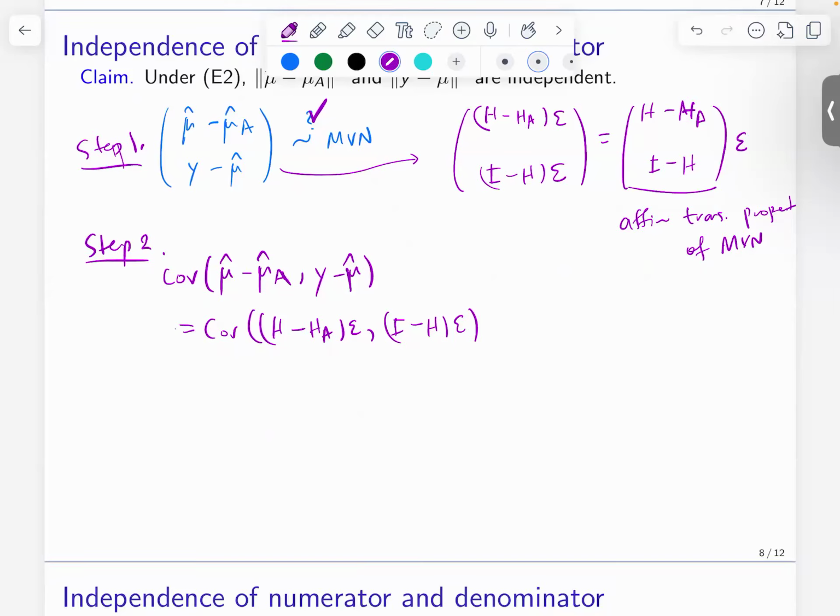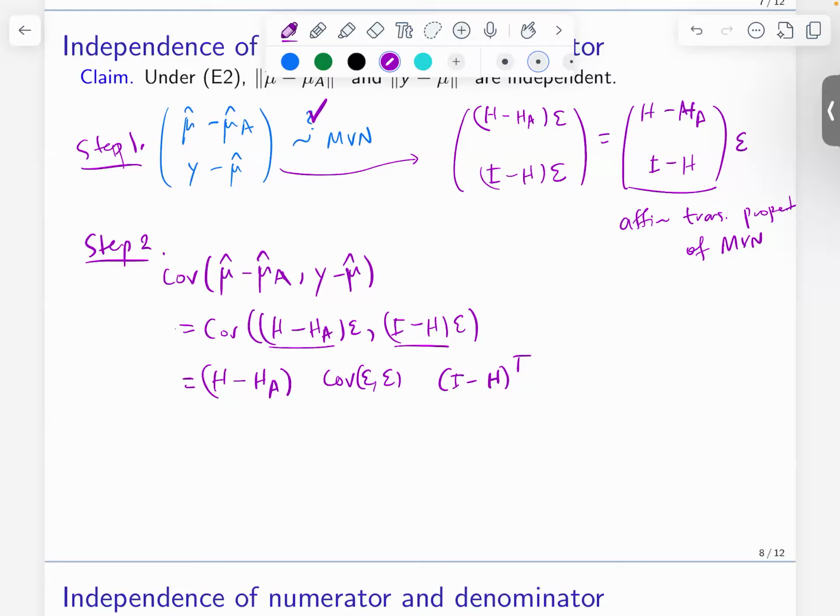So what's next? It's a famous formula here. The H minus HA is to the left and the I minus H transposed is to the right. Yes, so each one comes out on the corresponding side: this comes out to the left, the other one comes out to the right and gets transposed.